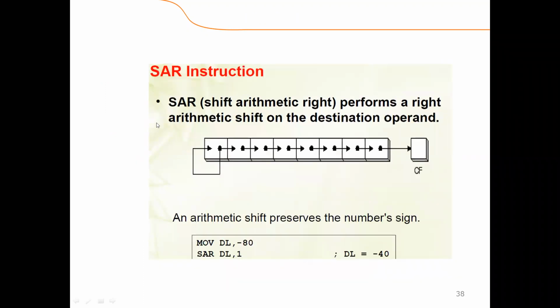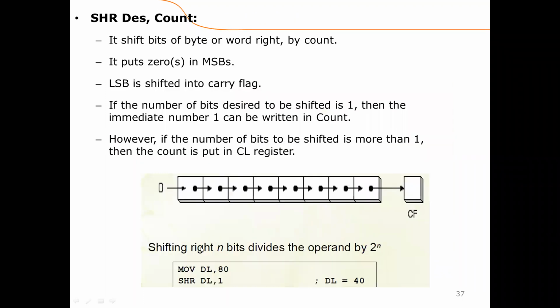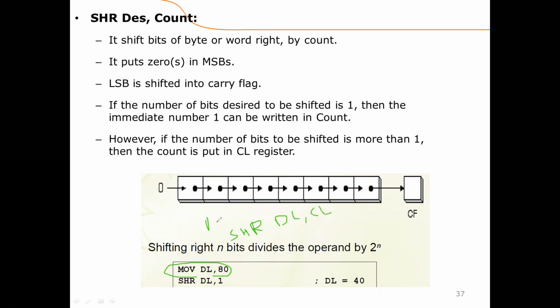For example, one more example I will take here. In this case, I want to shift the number 4 times. In that case, I need to write this instruction. First is the move instruction, then SHR DL, CL, where before this instruction I need to mention the content of CL.